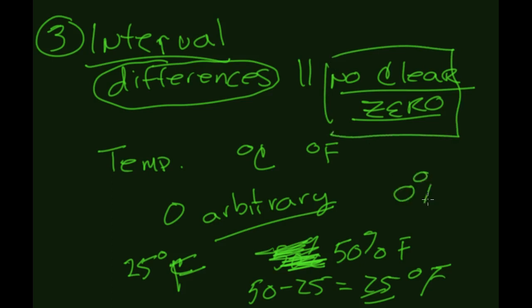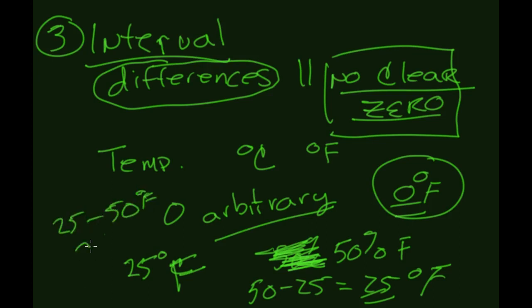However, there's no clear zero. 0 degrees Fahrenheit doesn't mean that there's an absence of something. So ultimately, it's not correct to say that if I went from 25 to 50 degrees, the temperature doubled. That doesn't make sense in this realm.